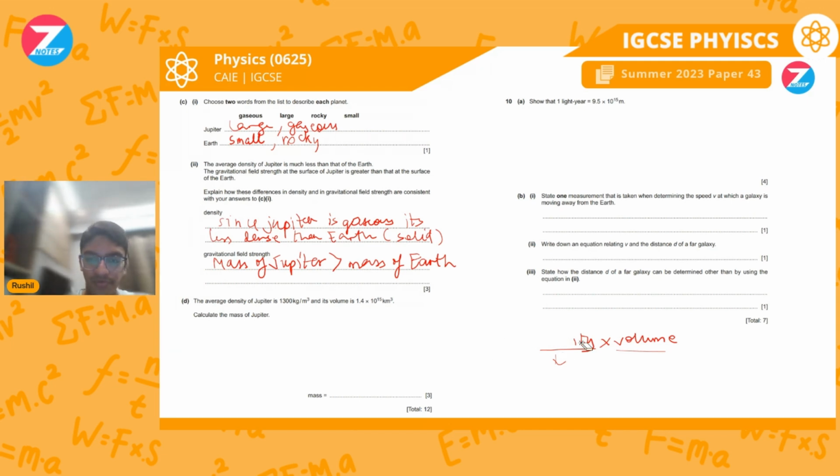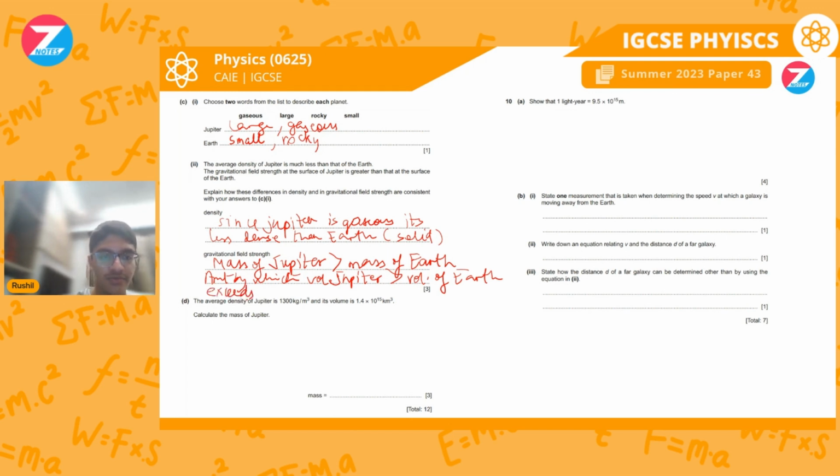So, basically, what you have to write is that the amount by which the volume of Jupiter is greater than the volume of Earth exceeds the amount by which the density of Earth is greater than the density of Jupiter.